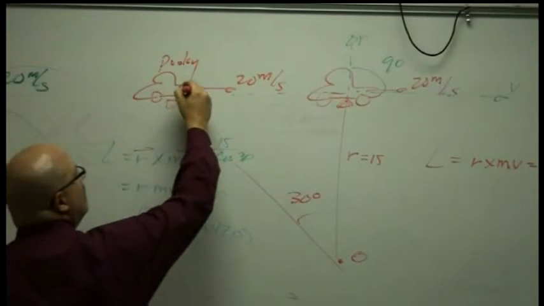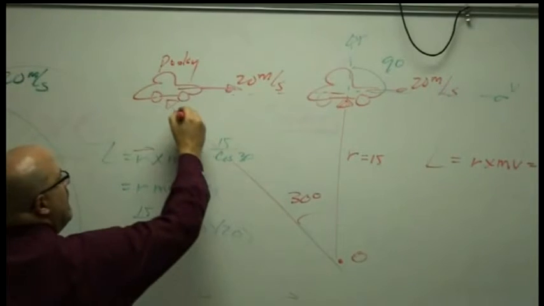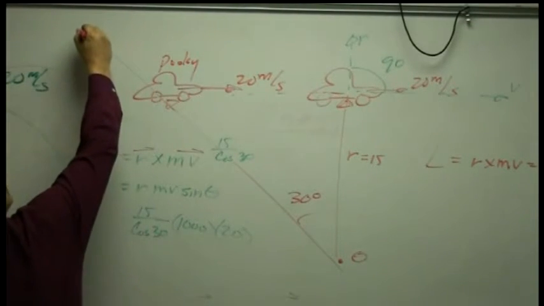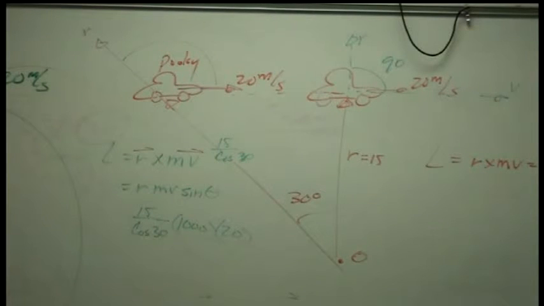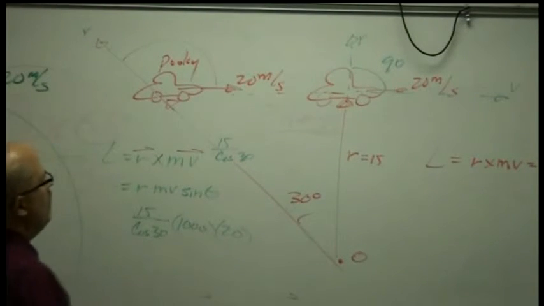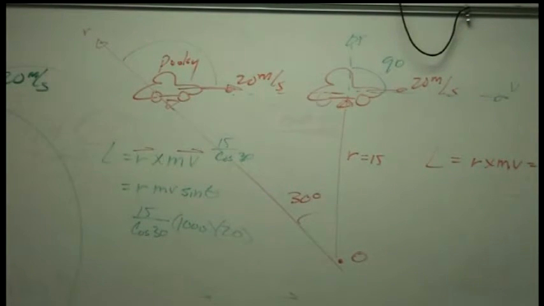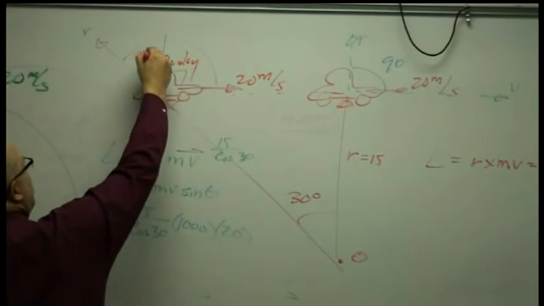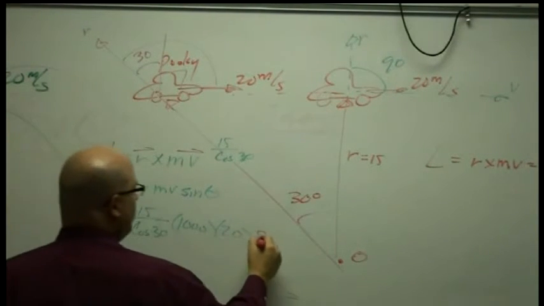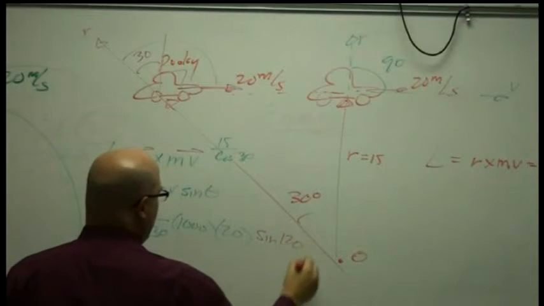Here's this vector pointing this way, here's the radius vector pointing this way. So what's that angle? It's 120, because that's 90 and that's 30. So sine of 120.